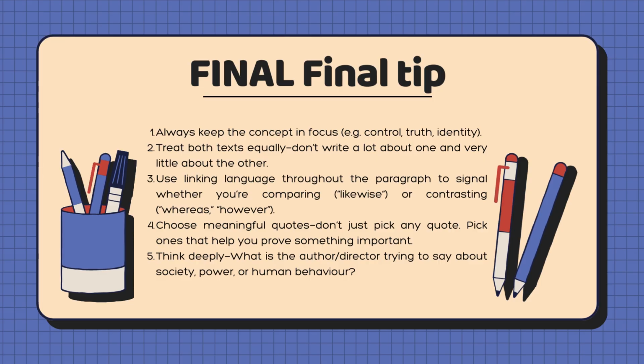Use linking language throughout your paragraph to signal whether you're comparing or contrasting. Choose meaningful quotes. Don't just pick any quote. Pick ones that help you prove something important. And lastly, think deeply. What is the author or director trying to say about society, power, or human behavior?